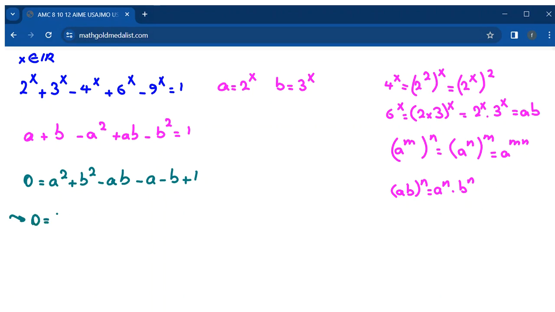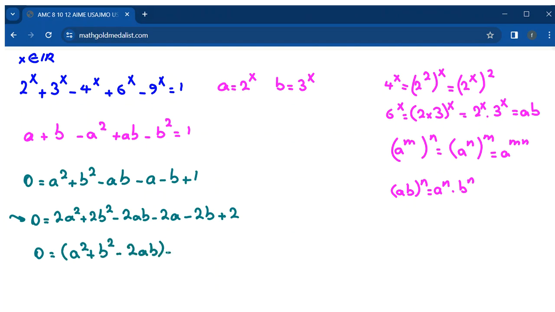It will be 2a squared plus 2b squared minus 2ab minus 2a minus 2b plus 2. Then I rearrange this: a squared plus b squared minus 2ab, plus a squared minus 2a plus 1, and b squared minus 2b plus 1.